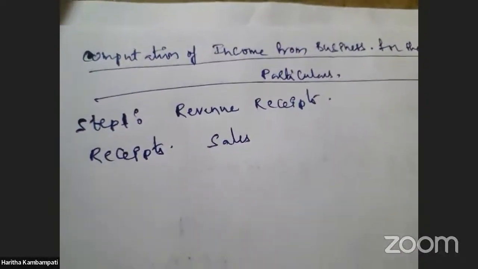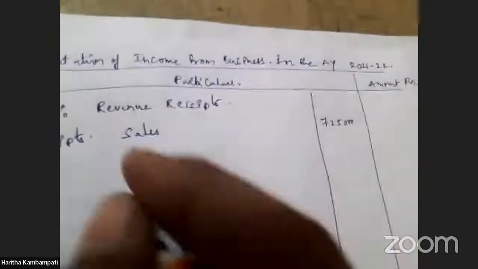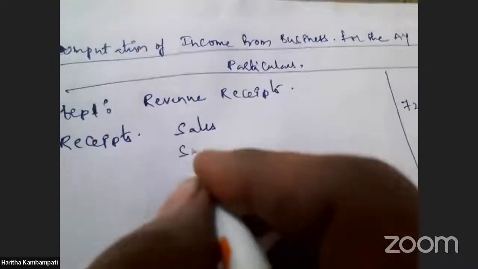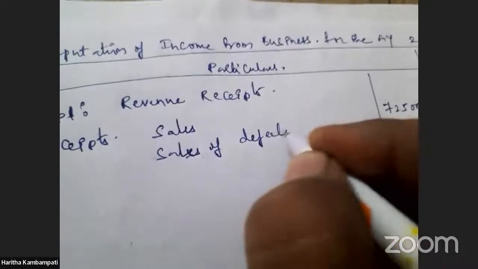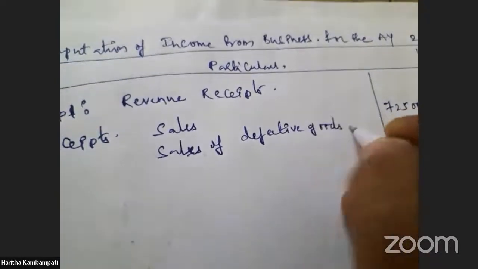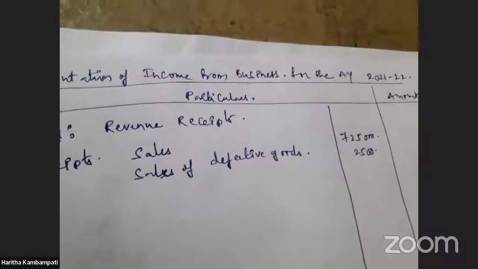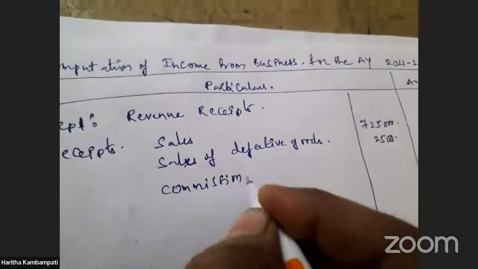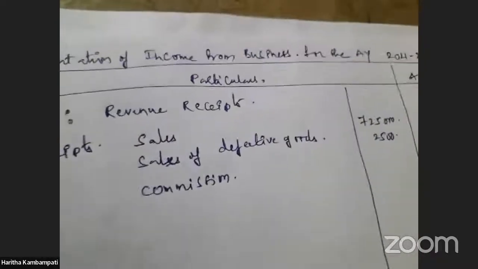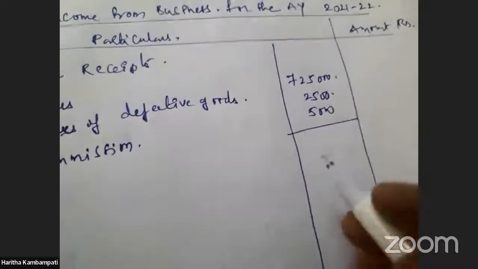Sales, next one is sale of defective goods, that is 2,500. Commission, 5,000.